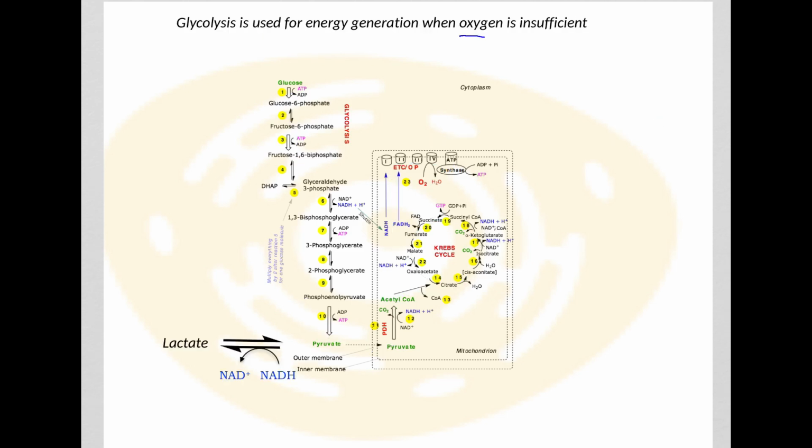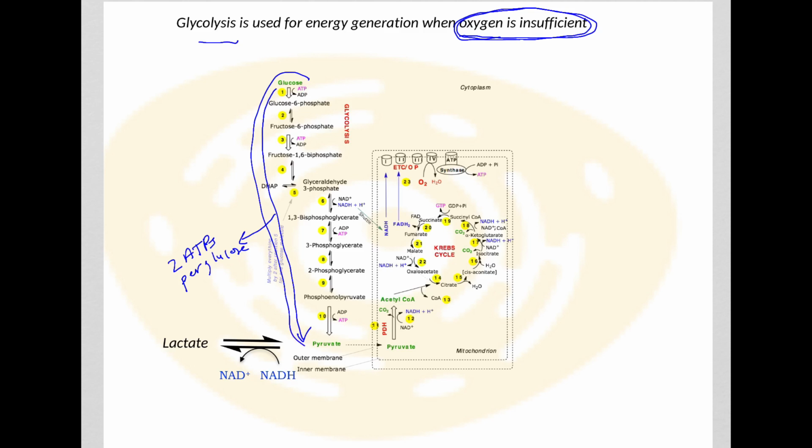However, when oxygen is insufficient, if the epithelial cell doesn't have enough oxygen, then only this pathway will be used, glycolysis, because this pathway will give you 2 ATPs per glucose. So we get only 2 ATPs, but this is a much shorter pathway, glycolysis, and it doesn't require any oxygen.